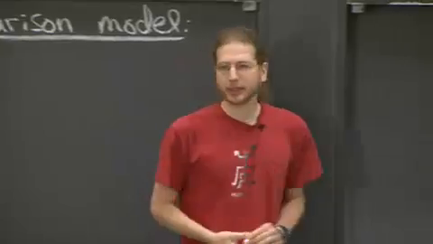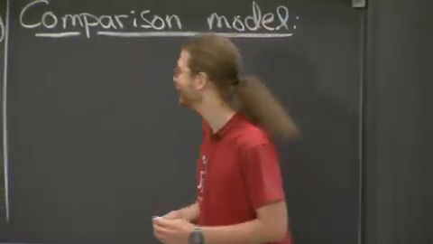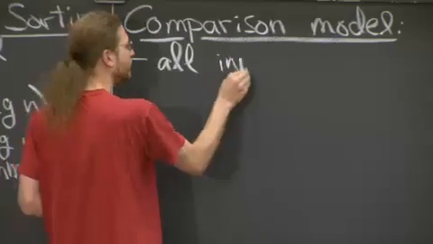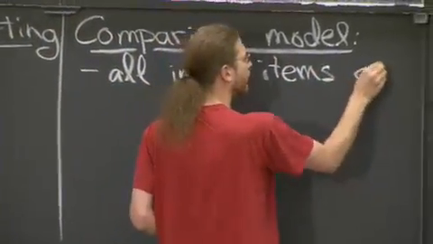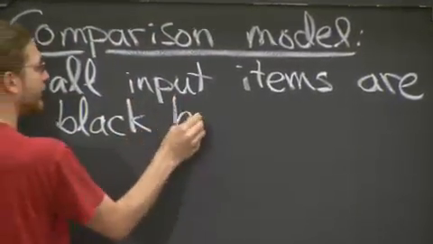So the idea in the comparison model is to restrict what kind of operations we can do to be comparisons. It's very straightforward. All input items are black boxes, you could say, in that you don't really know what they are.